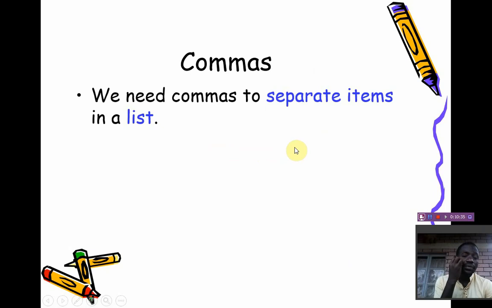Okay. Commas. When do we need commas? And why do we need them? We need commas to separate items in a list. For example, when you're listing more than 2 or 3 things in a sentence, you can't say a dog and a cat and a puppy, fixing 'and' everywhere.